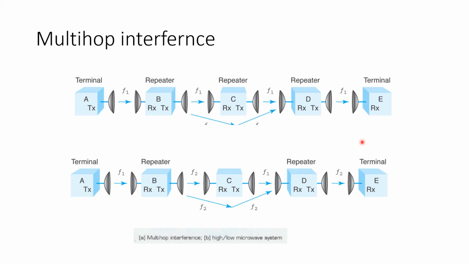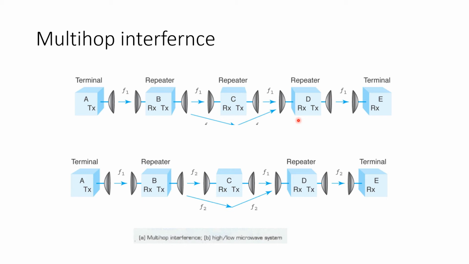Now see this first block diagram, if you are observing, we are getting one RF carrier frequency, say F1, and we are transmitting here the same frequency F1. Now what happens if a station D is going to simultaneously receive the signals from station B and station C? Obviously it will result in interference, and we may not get the desired output.